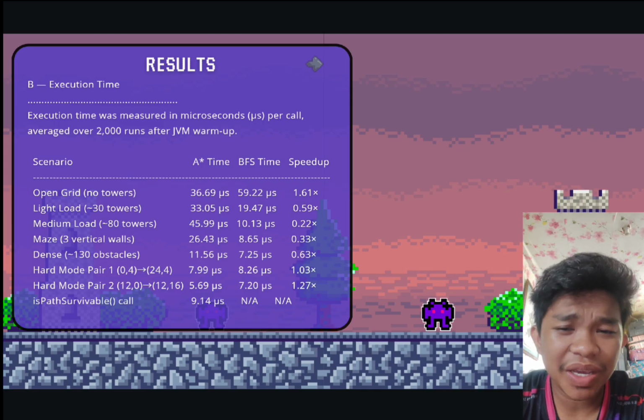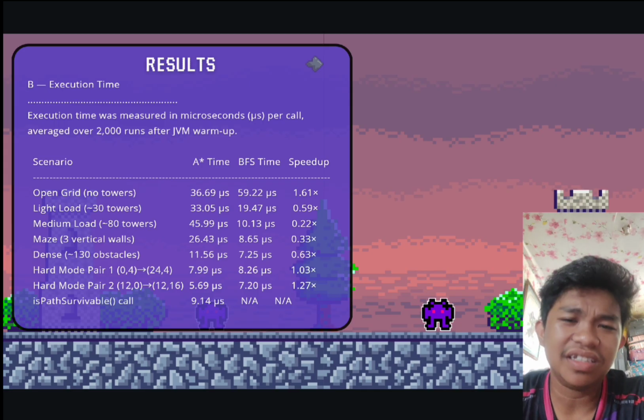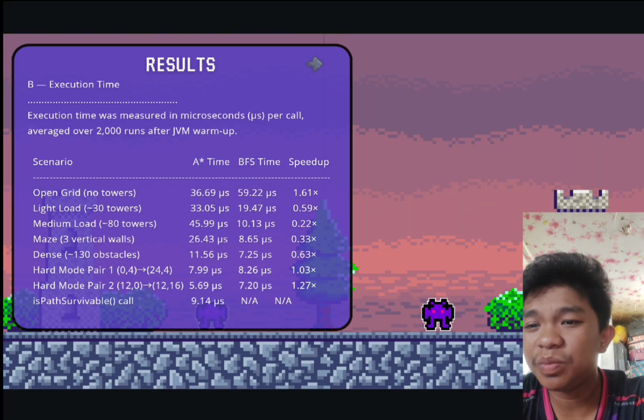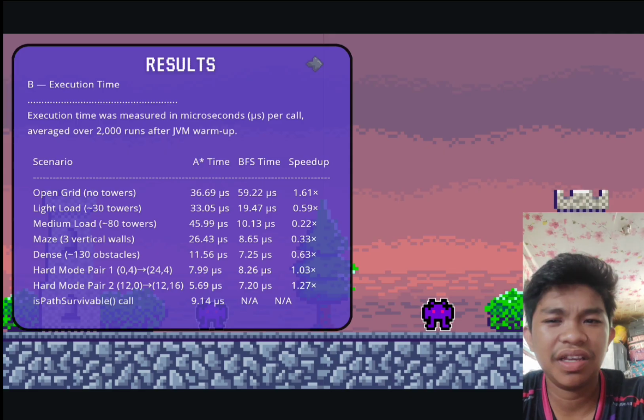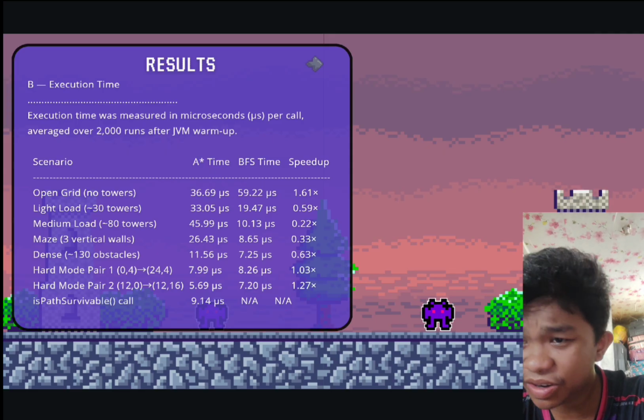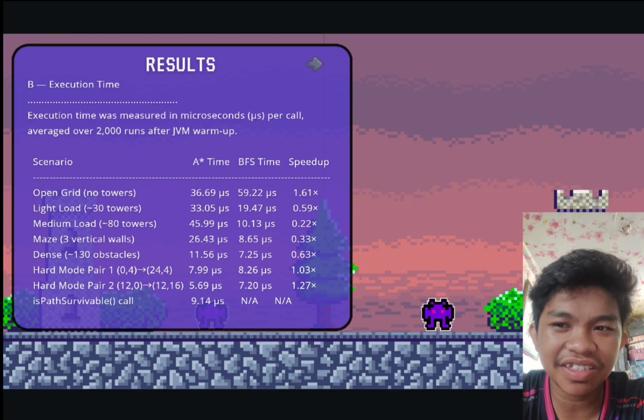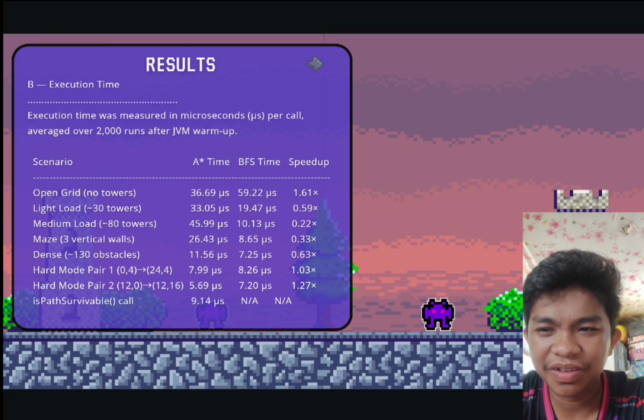A-star time 5.69 microseconds. BFS time 7.20 microseconds. Speedup 1.27x. Is-spot-survivable call: A-star time 9.14 microseconds. BFS time not applicable.